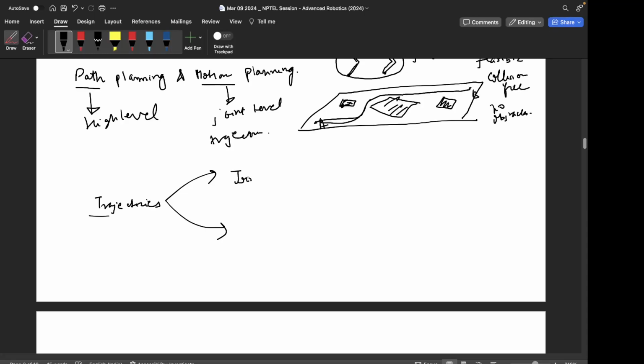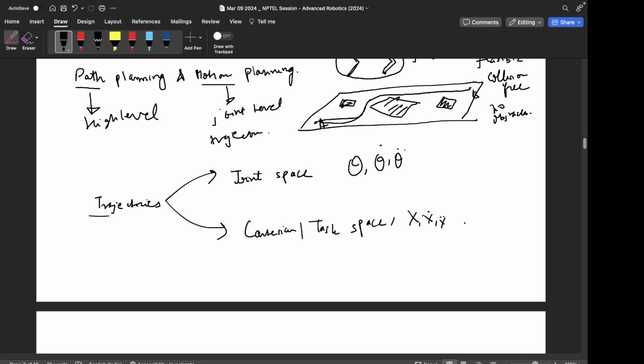That is the joint space and the Cartesian or the task space. In joint space, you plan theta, theta dot, theta double dot. In Cartesian space, you plan x, x dot, x double dot.